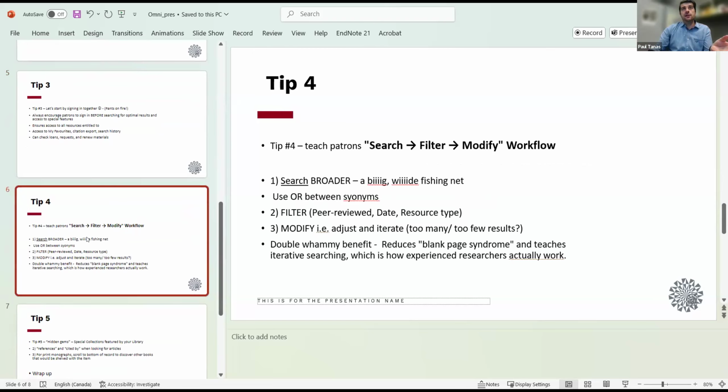Tip number 4, and it ties in with what I was trying to do before with the filters on the left hand side of the screen. Whenever possible, and honestly, to the best of my ability via chat, I use every interaction that I have with the student.